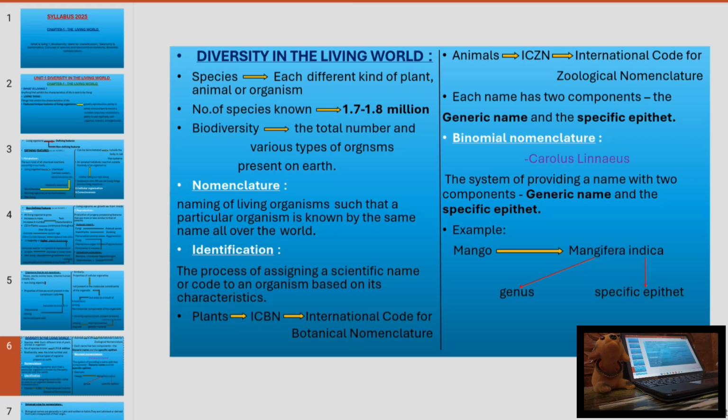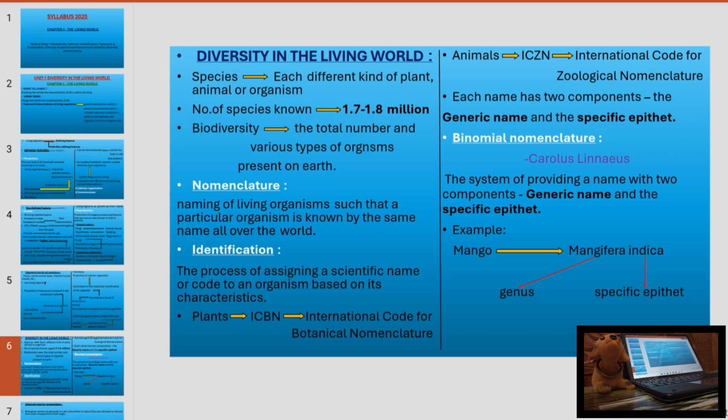Biodiversity definition is the sum total, or the total number and the various types of organisms present on the earth. And next is nomenclature, naming of living organisms so that a particular organism is known by the same name all over the world. Identification is the process of assigning a scientific name or code to an organism based on its characteristics.